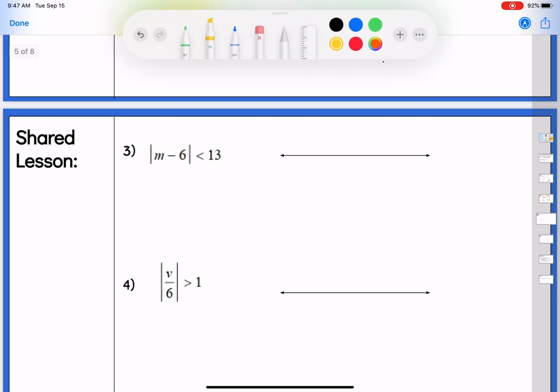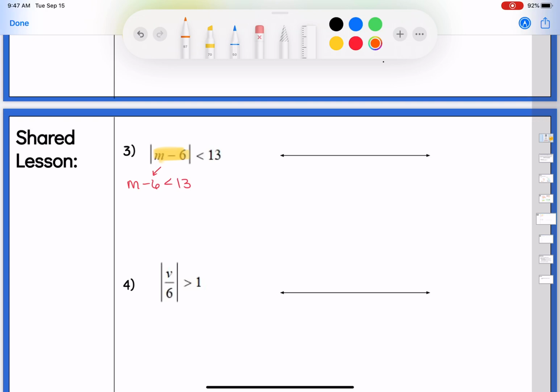So we talked about yesterday and the day before about how what this means is that this absolute value, the distance from 0, has to be less than 13, right? So that means that this stuff inside here, whatever that number ends up being, that number has to be less than 13 units away from 0. So m minus 6 has to be less than 13.